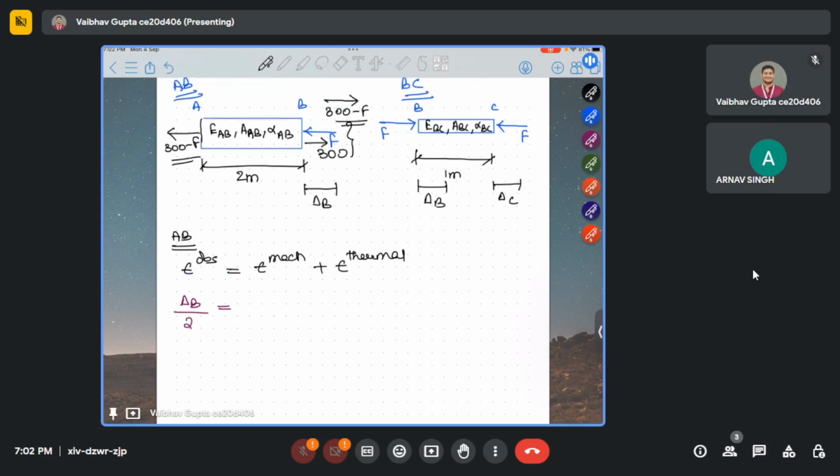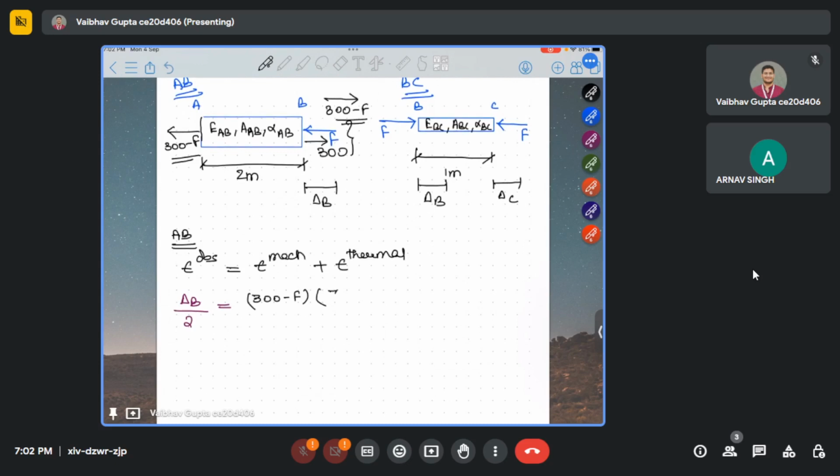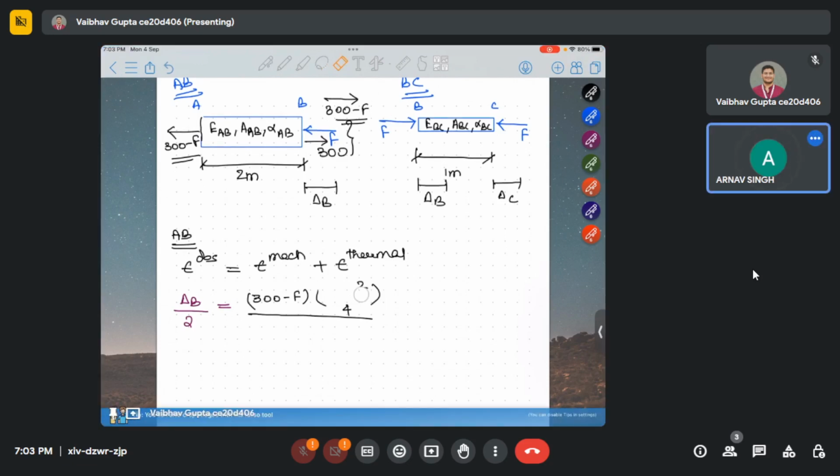So now coming to this. Epsilon mechanical is nothing but PL over AE. Here P is nothing but 300 minus F. A is given as pi d square by 4, because the diameter of AB has been given. Sorry, plus, no?